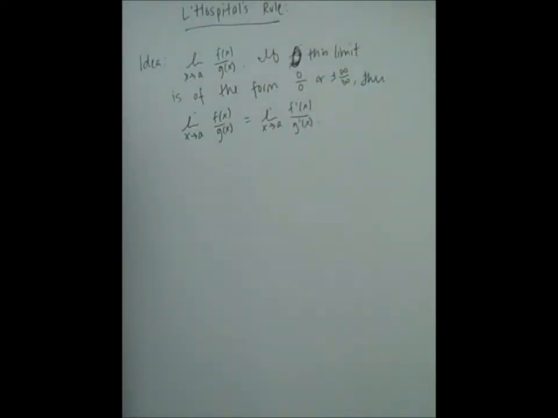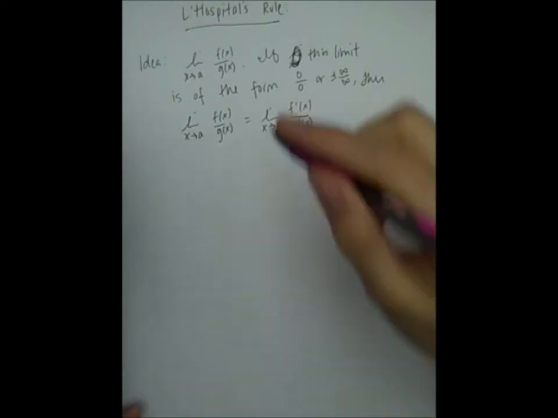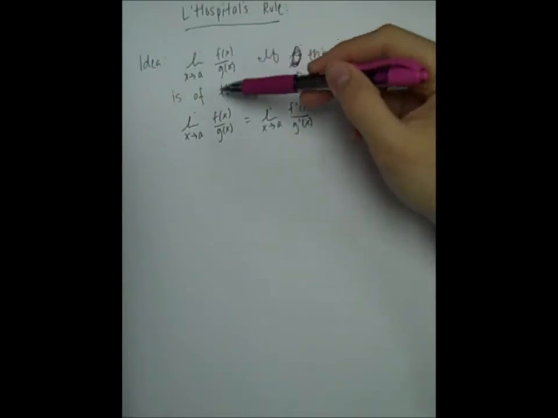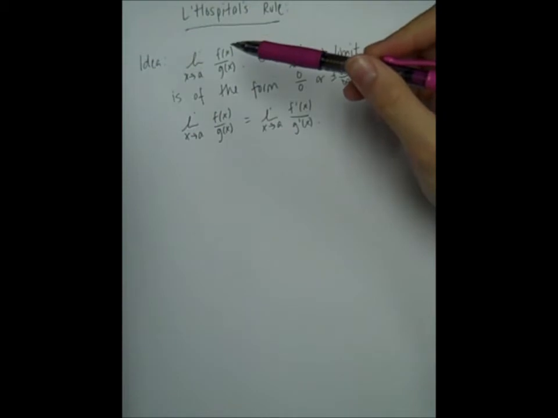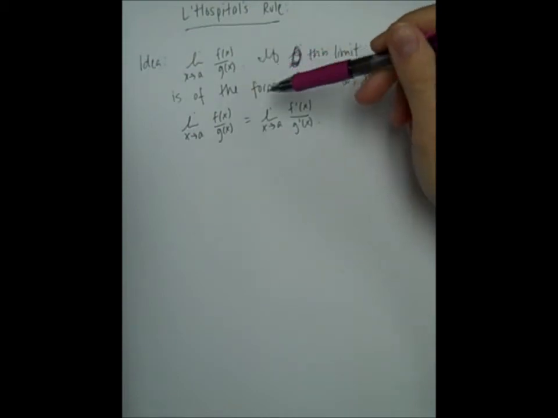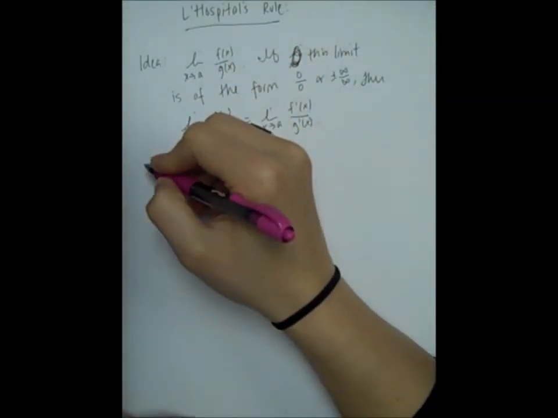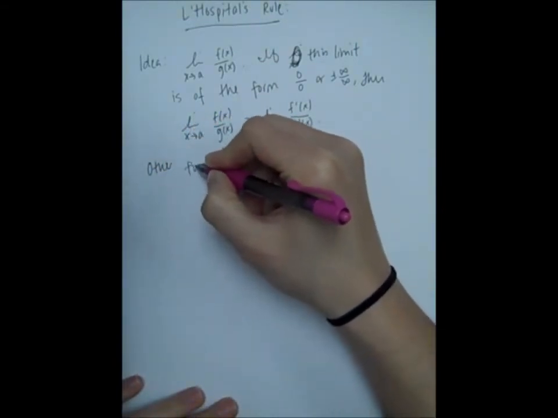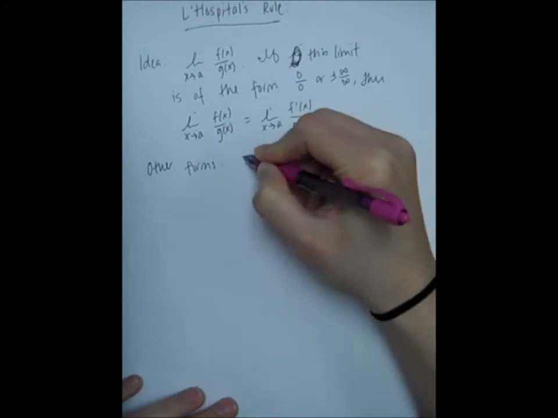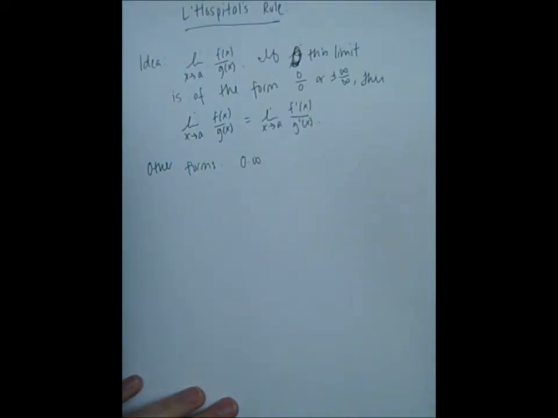The important part of this is that you have to have a quotient. If we're not looking at a quotient, we can't use L'Hopital's rule unless we manipulate it, and then we will be able to use it. So a couple of things here. Other forms that we're going to look at: we could have something like 0 times infinity.